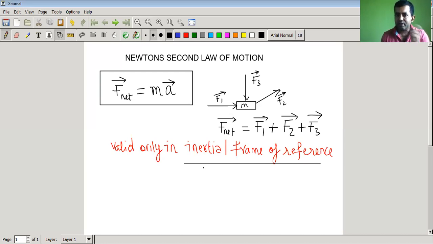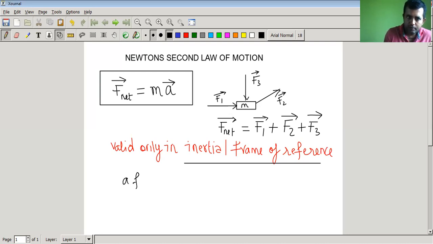Now, what is an inertial frame of reference? An inertial frame of reference is a frame which is either at rest or moving with constant velocity. So what is the inertial frame of reference?